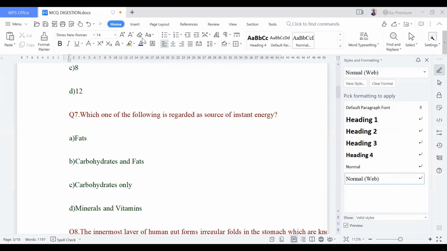So Janvi and Ananya voted for C. What about others? Dhairesh C, Tasmiya C. So here the right answer is option C, that is carbohydrates only.